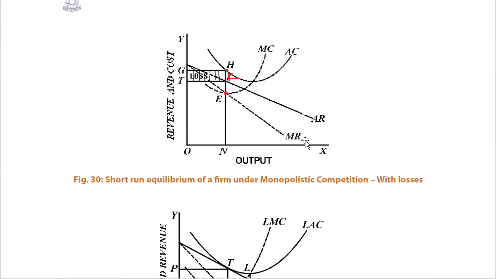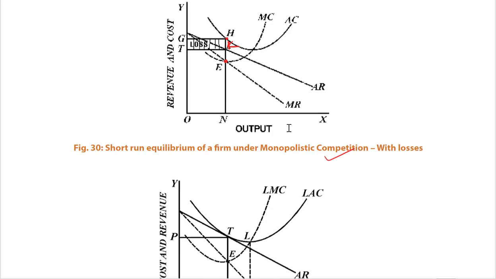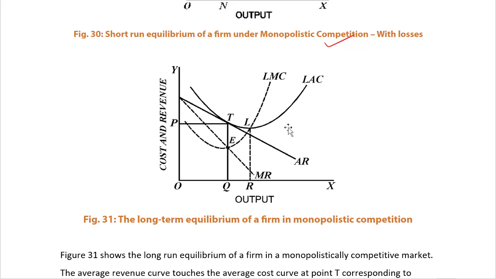Short run equilibrium of a firm under monopolistic competition with losses we had already seen. See figure 31, which shows the long run equilibrium of a firm in monopolistic competition.